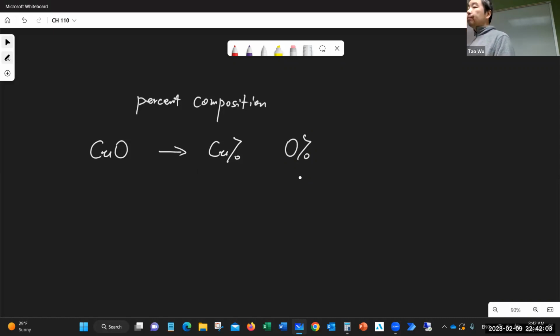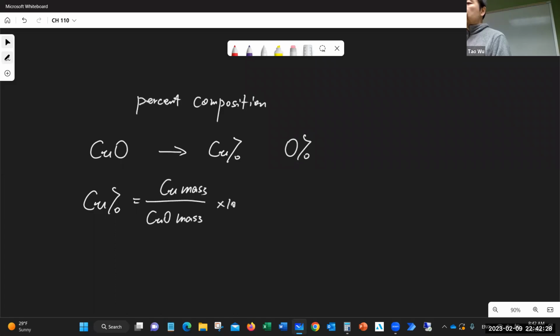Last time we already talked about how to figure out the mass percent for the percent composition of copper and oxygen. The copper percentage is the mass of the copper divided by the mass of the total copper oxide, and then you times 100.